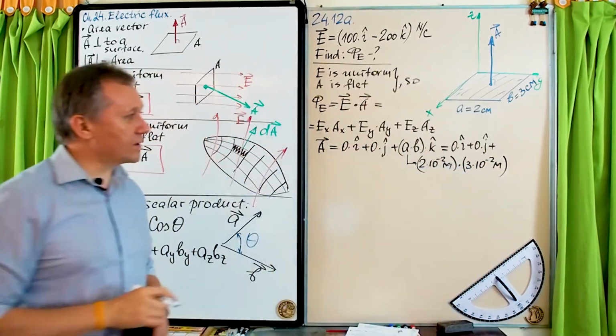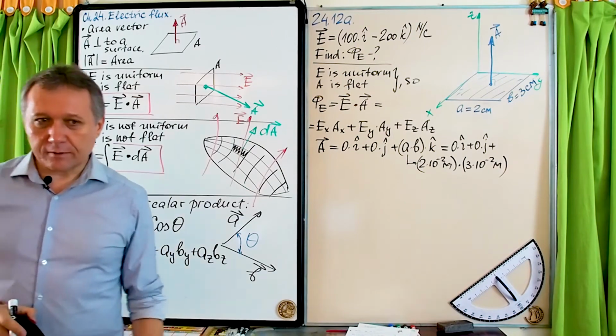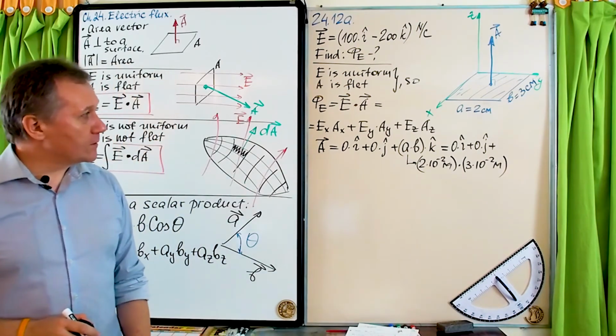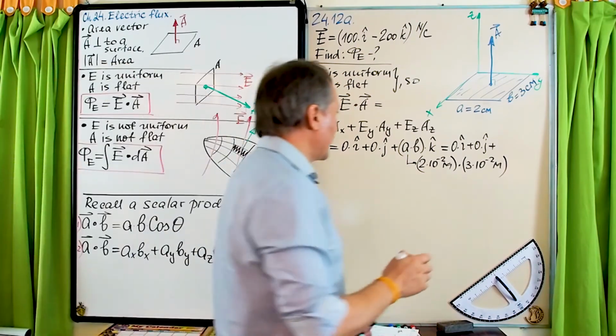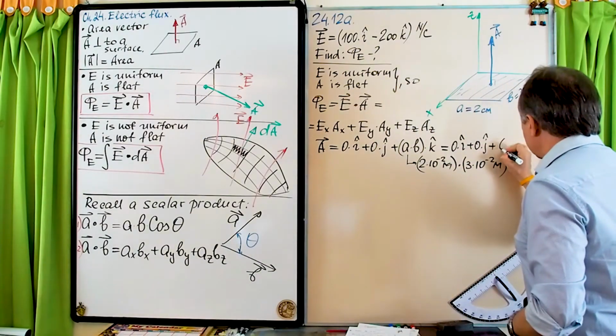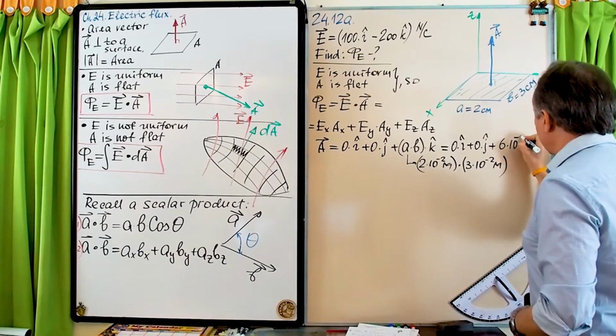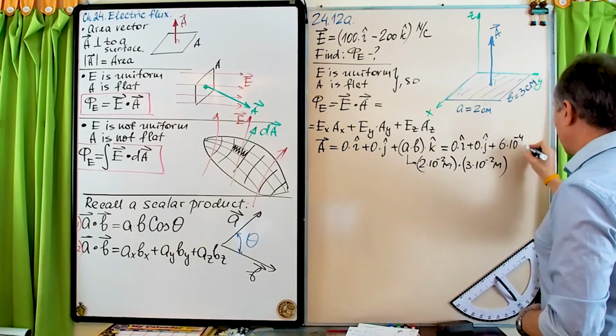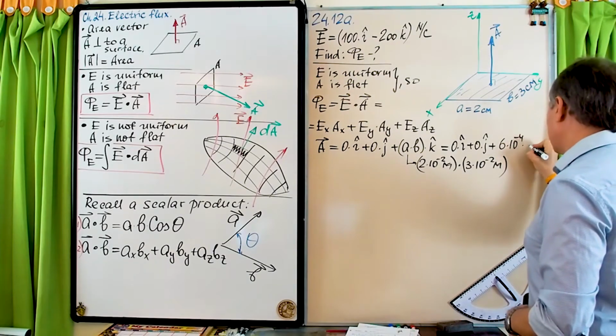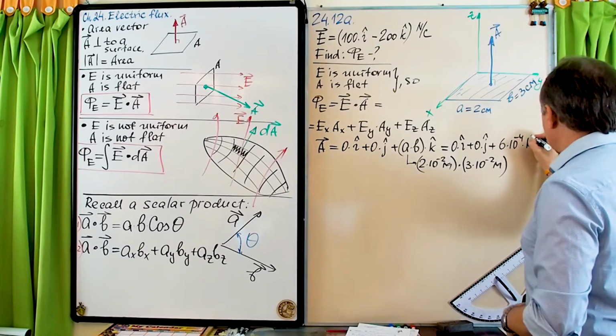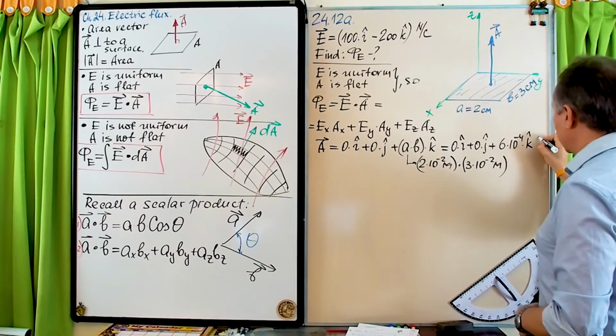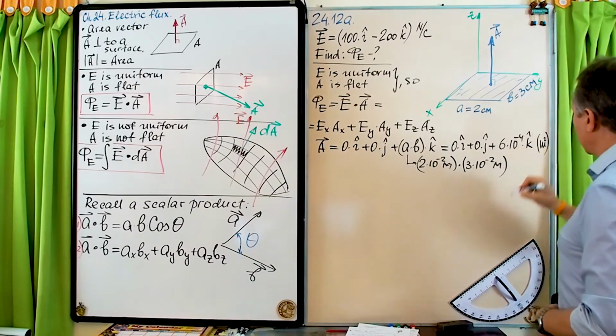So it will be 6 times 10 to the power of negative 4. So that will be the z component. The units, I will write here later. So it's just meters to the power of 2.